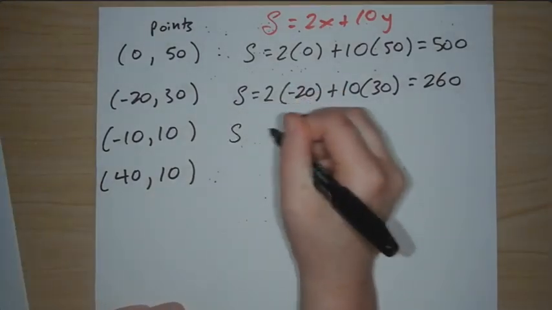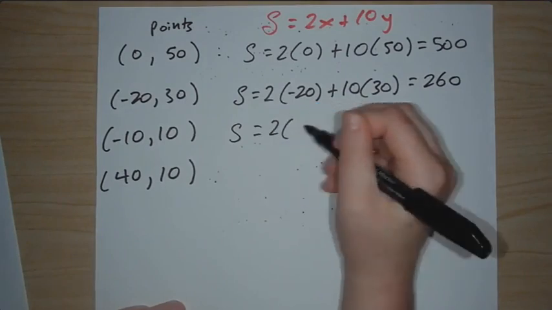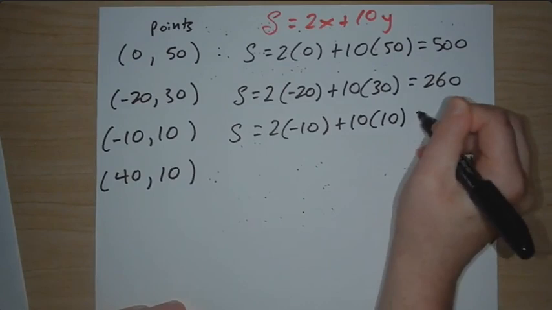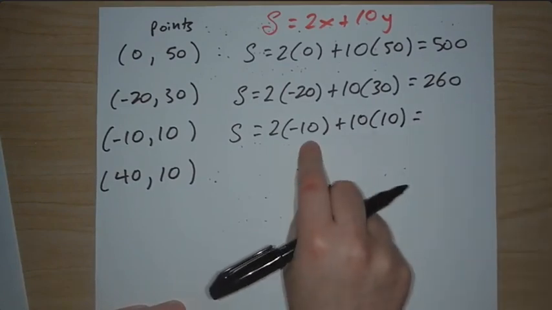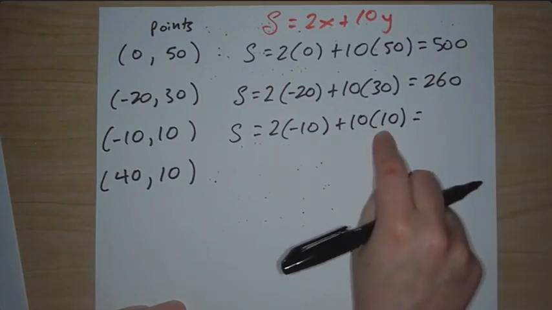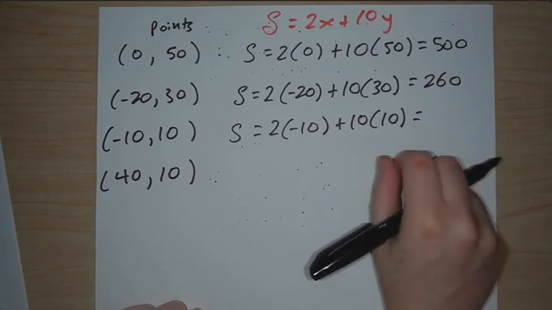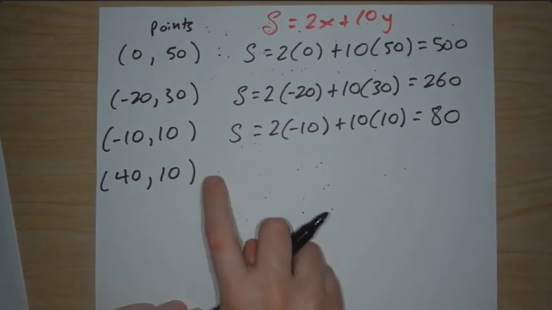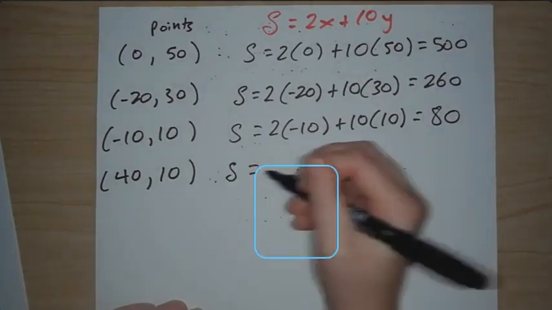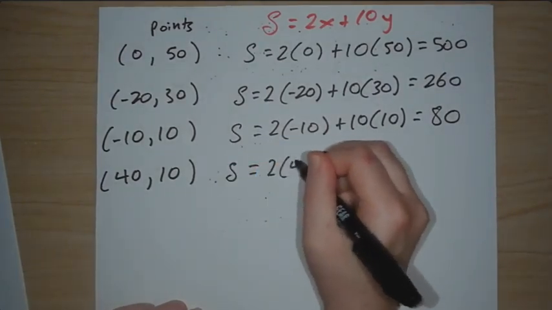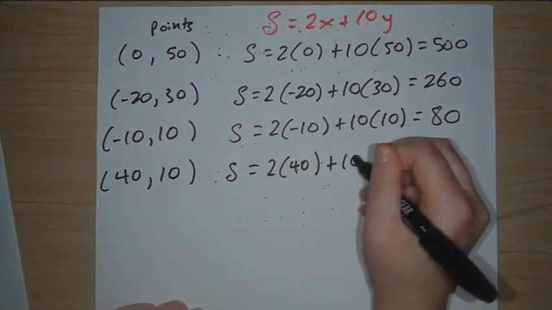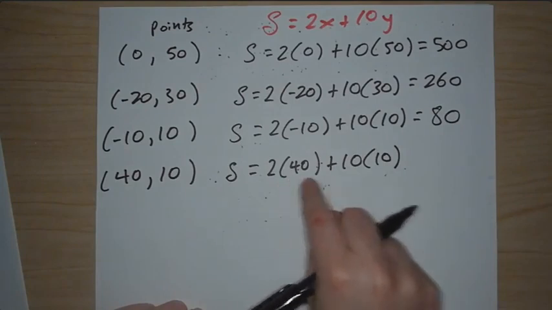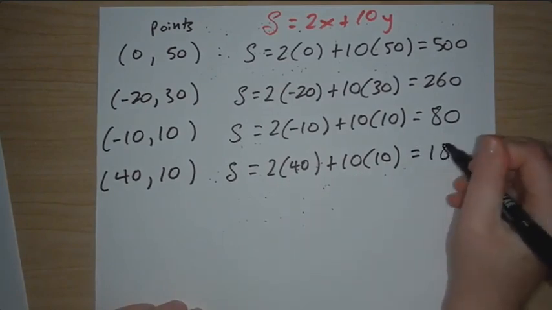For this next one, we have S is equal to 2 times negative 10 plus 10 times 10. 2 times negative 10 is negative 20, plus 100 is 80. And for this last one, we have S is equal to 2 times 40 plus 10 times 10. So that's 80 plus 100, which is 180.